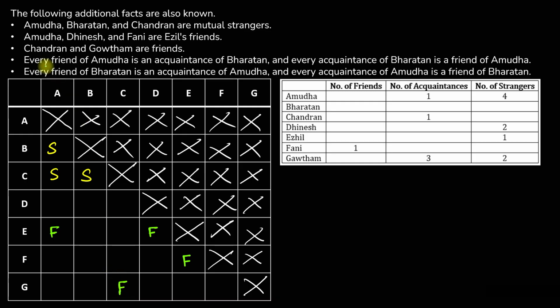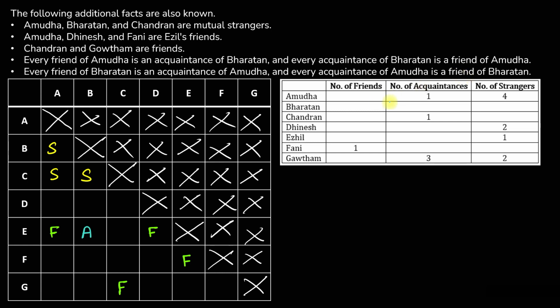Fine. Next, every friend of A is an acquaintance of B and every acquaintance of B is a friend of A. Okay. So someone who is a friend of A is also an acquaintance of B. So if E is a friend of A, E will be an acquaintance of B. Similarly, every friend of B is an acquaintance of A and every acquaintance of A is a friend of B. Okay.